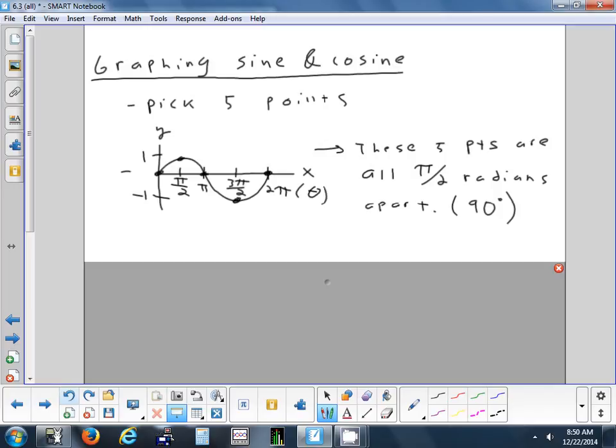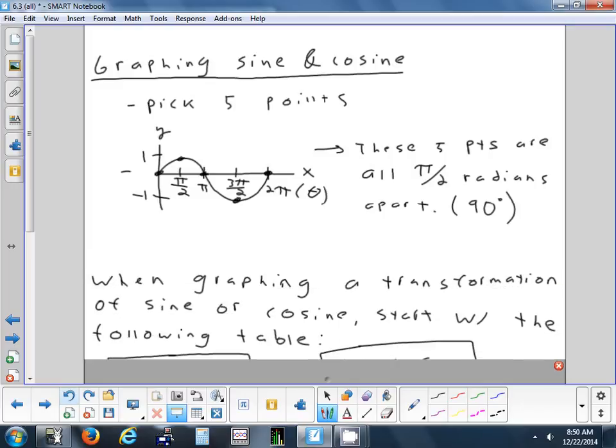If I don't change my window zoom, it's not going to look right. That is the same graph you were looking at before of sine. It just looks compressed because the window isn't set properly. If you go zoom 7, it'll make it look like it should. It didn't actually stretch or compress it, it just changed the window.